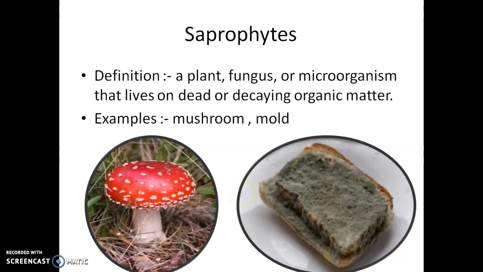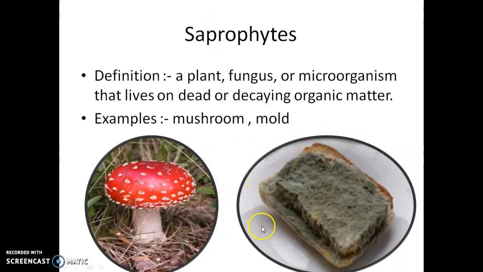So in this activity you just have to take one piece of bread and moisten it with water and keep it aside for 2 to 3 days untouched, and remember, keep it in a place where it also gets the sunlight, means it also gets the heat and also the moisture. And after 2 to 3 days you will see some black patches on it, like here you can see in this image.